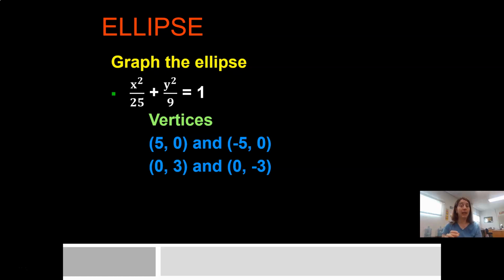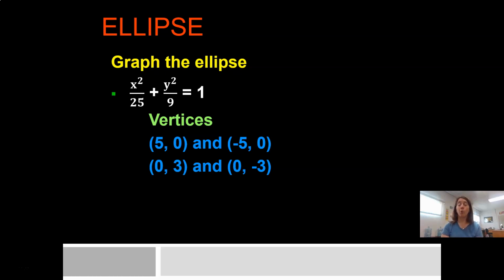Okay, so again, how did we pick out that information, just to make sure we're understanding? The equation already equaled 1, so it was ready for me to pick out the numbers that I needed. I looked at my numbers 25 and 9. The bigger of my two numbers was 25. That was underneath the x squared, so I know the x-axis is the major one. That's the one that would be the longer of the two axes. How do I determine how many spaces I have to move?